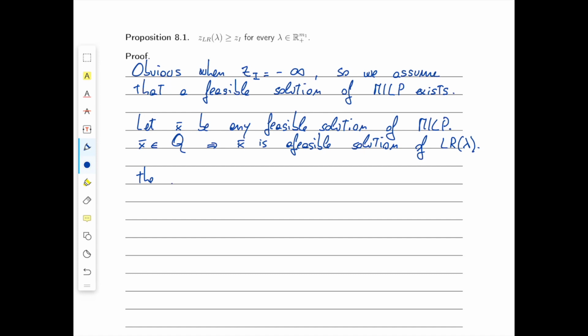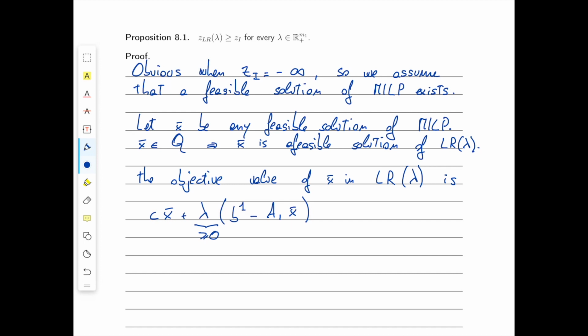Now the objective value of x bar in the Lagrangian relaxation is, just by definition, C x bar plus lambda times (B1 minus A1 x bar). Now, lambda is by definition greater than or equal to 0.